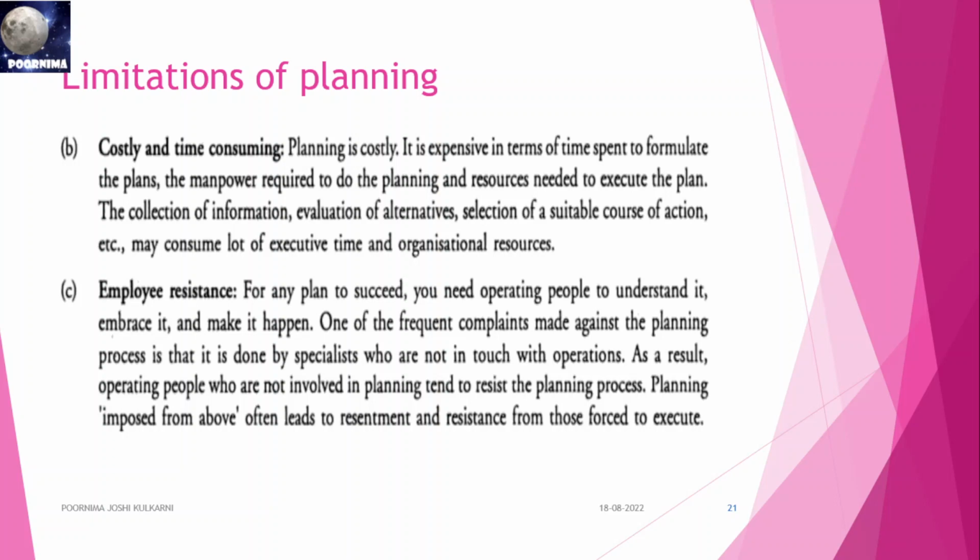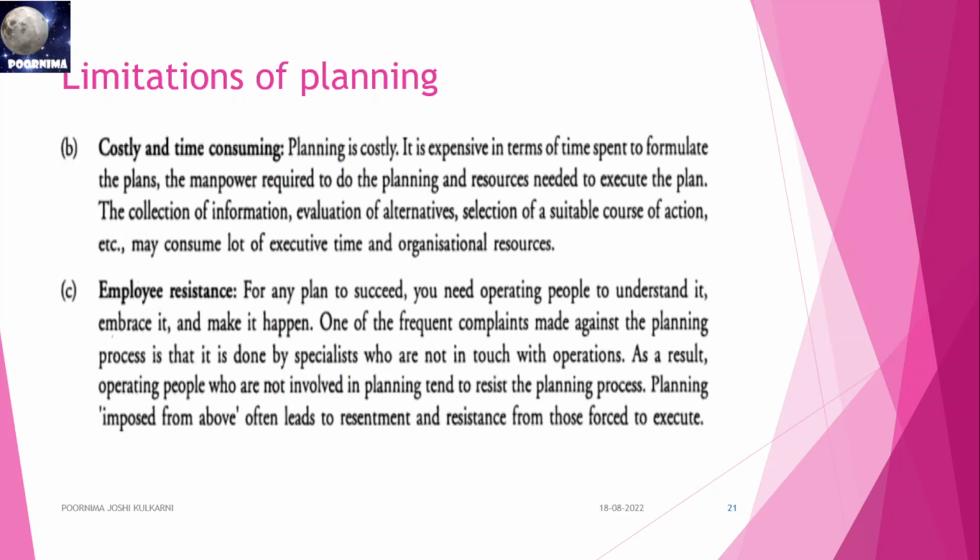This usually happens: top management will plan for the organization, but at the operating level, the executives are different. So what they have to do is take the opinions and involve the people from the operating level. Otherwise, they'll face resistance from the operational level.